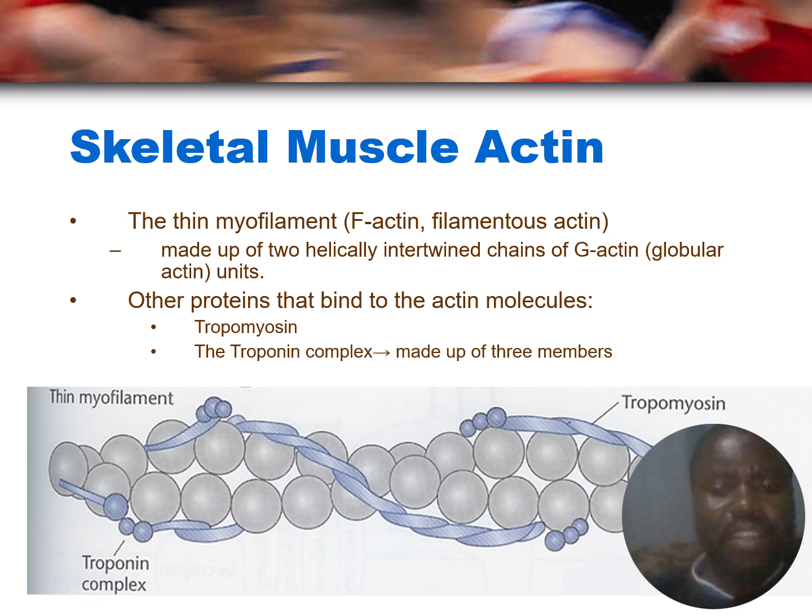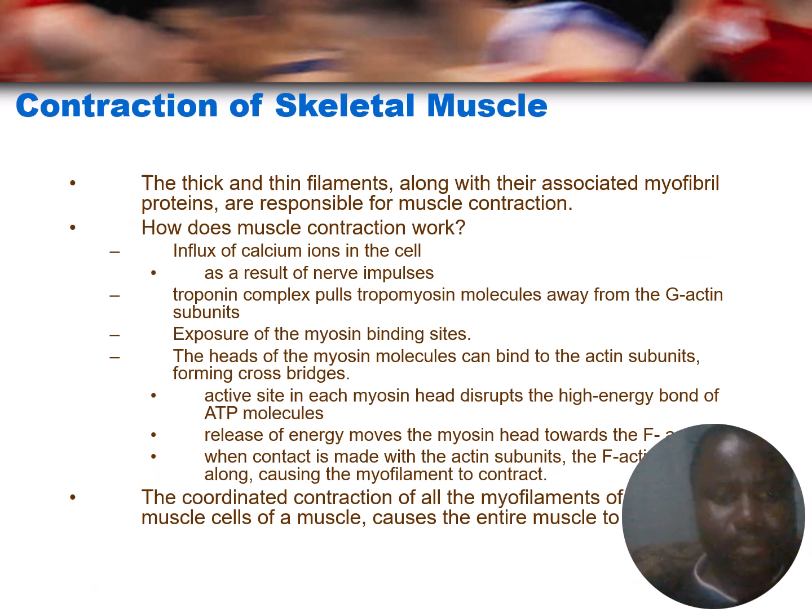Then the tropomyosin changes shape and flips and exposes the binding site for myosin heads. And then the myosin heads will bind there and begin to pull the actin towards the center of the sarcomere.